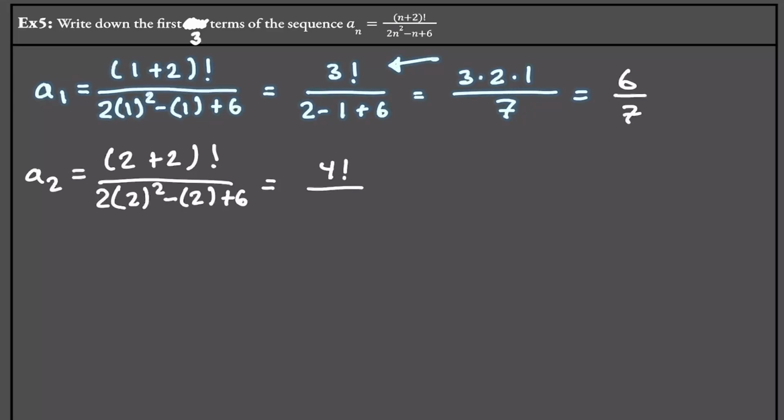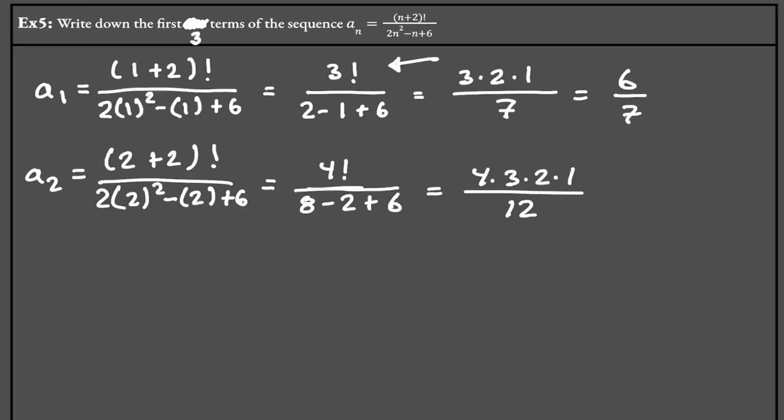And then on the denominator, we get 2 squared times 2 gives us 8 minus 2 plus 6. Once again, we're going to expand the factorial here and say 4 times 3 times 2 times 1 all over, and once we simplify the denominator a little bit, we get 12.